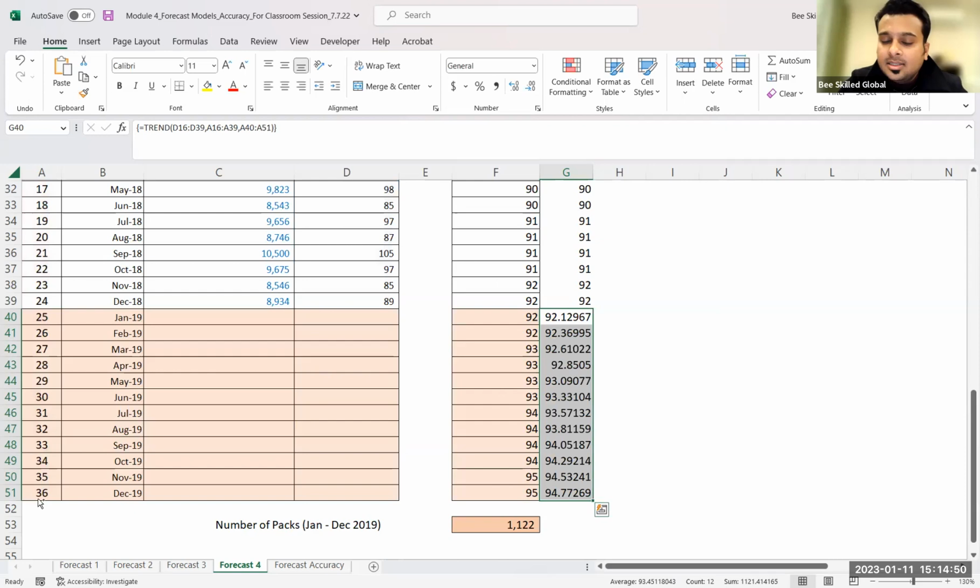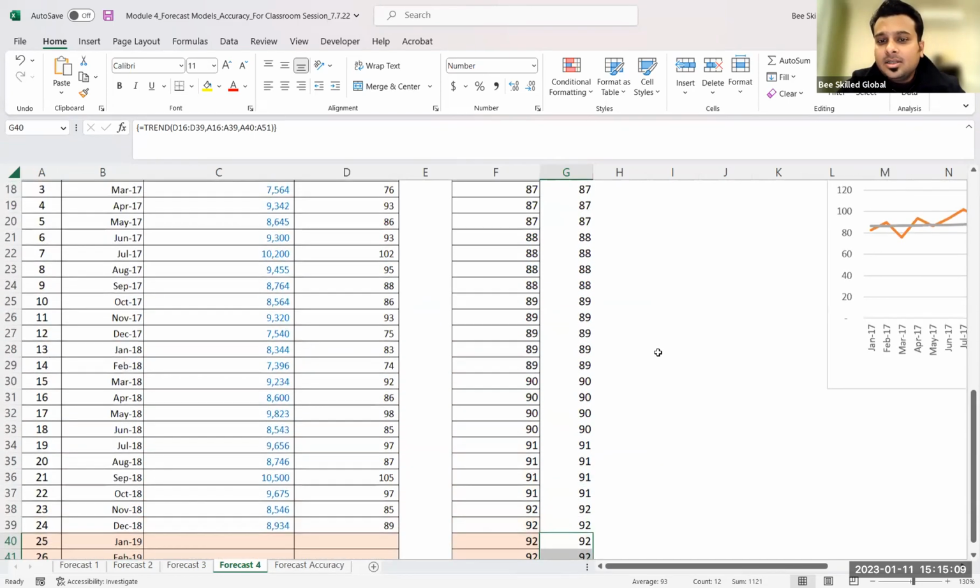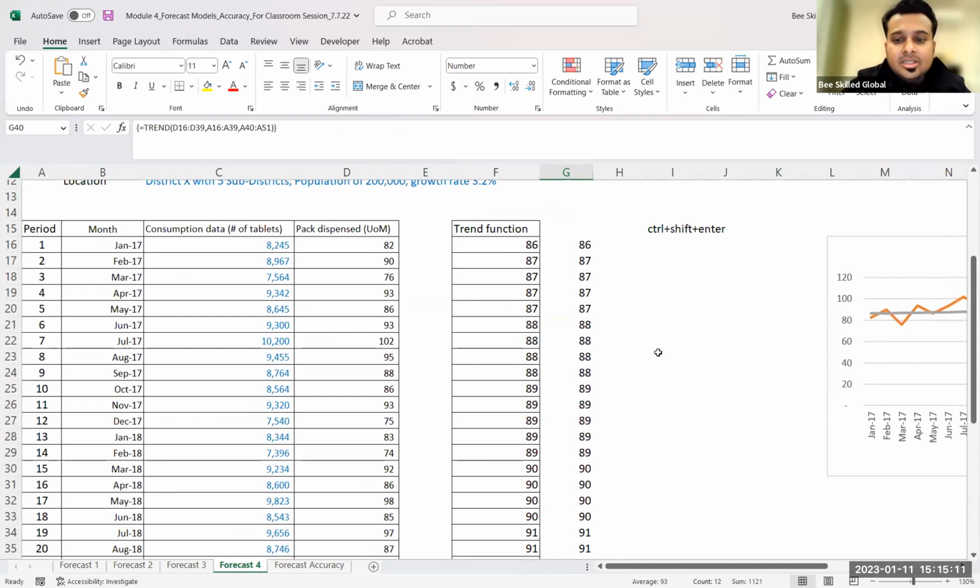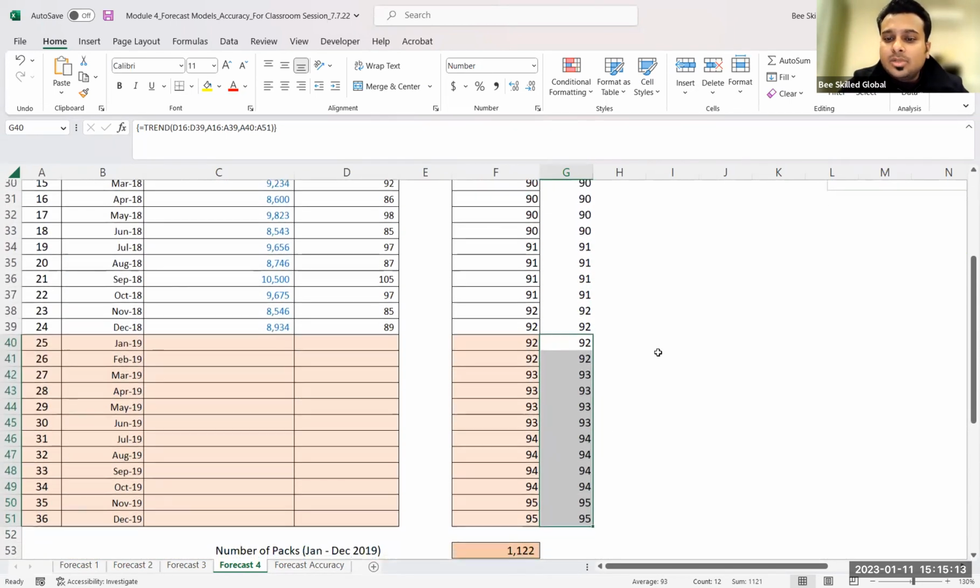As we do that, it extrapolates the existing trend and takes it to the timeline that we want. Let me just remove the decimal points. You will see it's the same as what is already plotted here. So the trend is like 86, 87, 88, 89, 90, going up to 95.